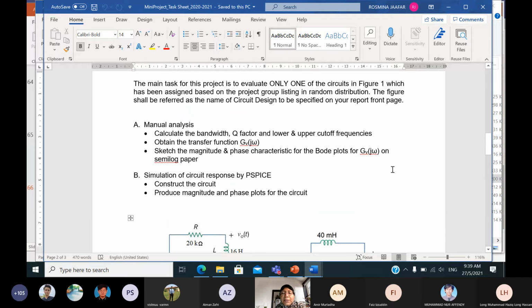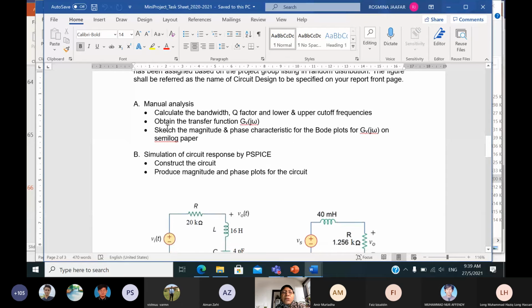Okay, so although the task is a simulation activity, I still want students to evaluate the circuit theoretically. So that means you are to do manual analysis of the circuit. For the manual analysis, you need to calculate the bandwidth of the filters, Q factor, and the lower and upper cutoff frequencies, respectively.